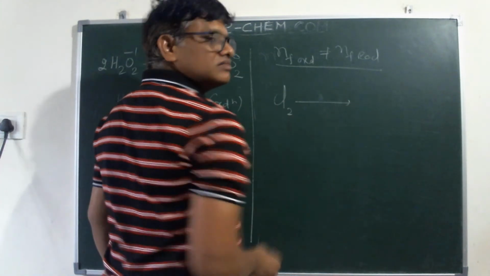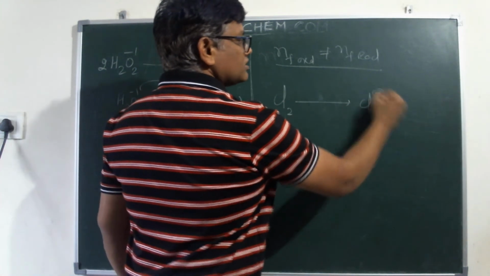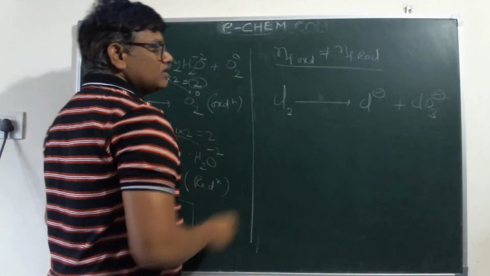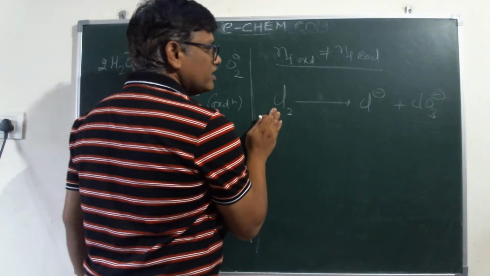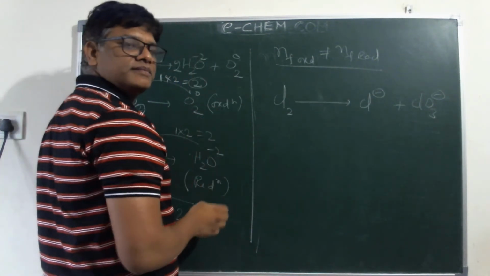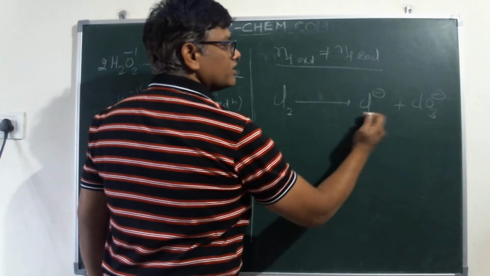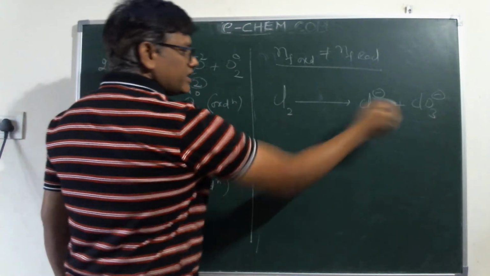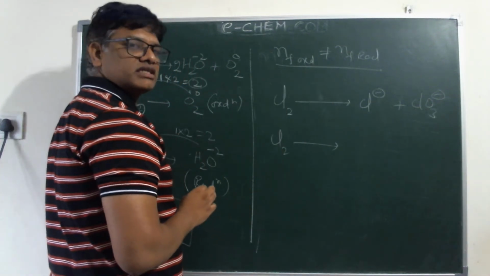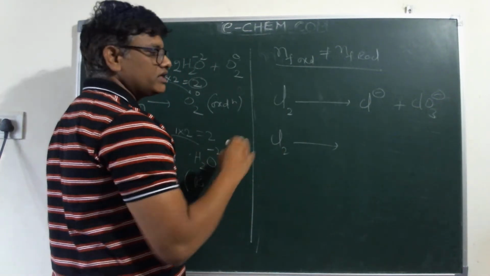Chlorine changes to Cl minus plus ClO3 minus. This one element is changing oxidation state differently, oxidation and reduction, giving two different products. So we have to take the half reactions separately to calculate the n factor.